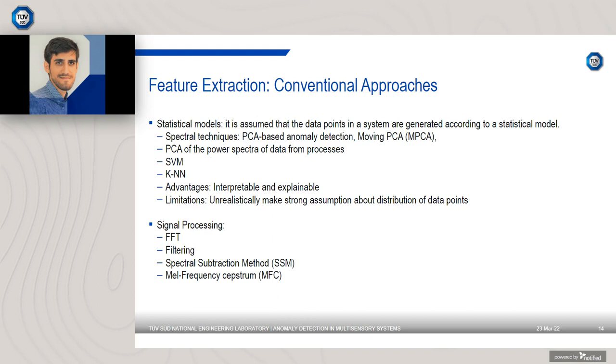This reconstruction, in these techniques, is generated from a linear transformation that is fitted on the training data, and then it tries to understand what an abnormal situation looks like.